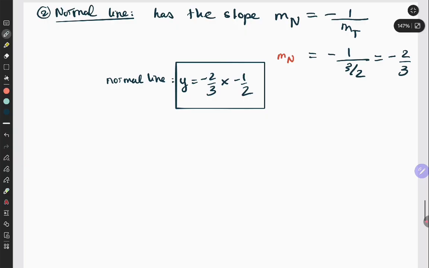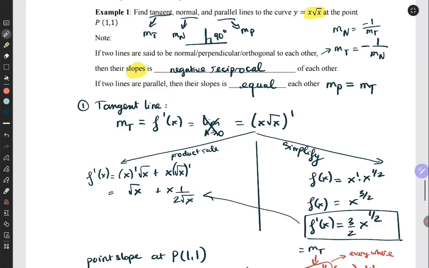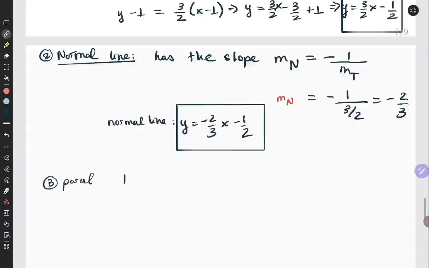Third, parallel. But this problem, this is where I want to tell you that P11, right? Where is that? Okay, P11.